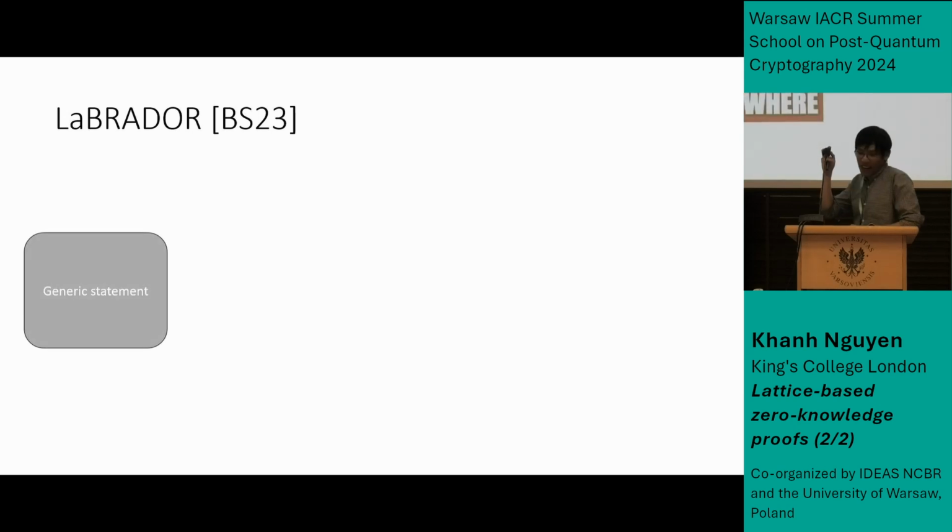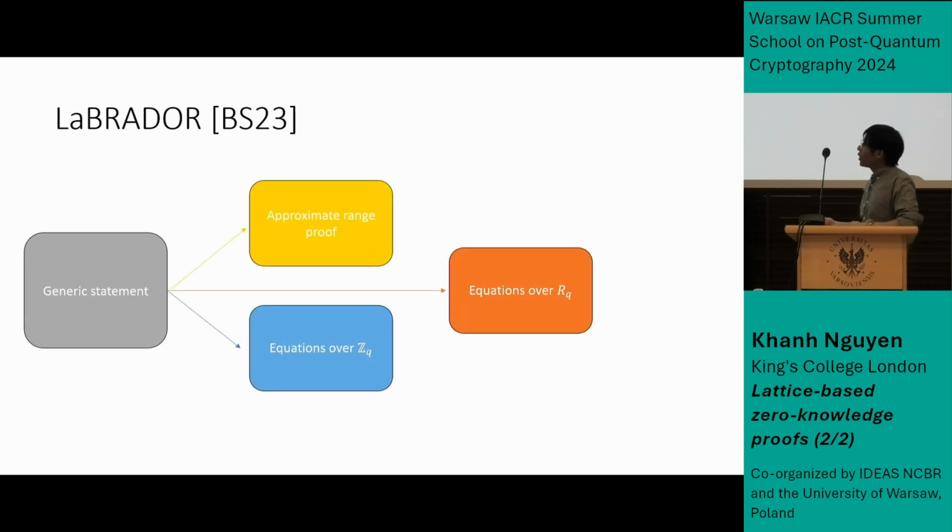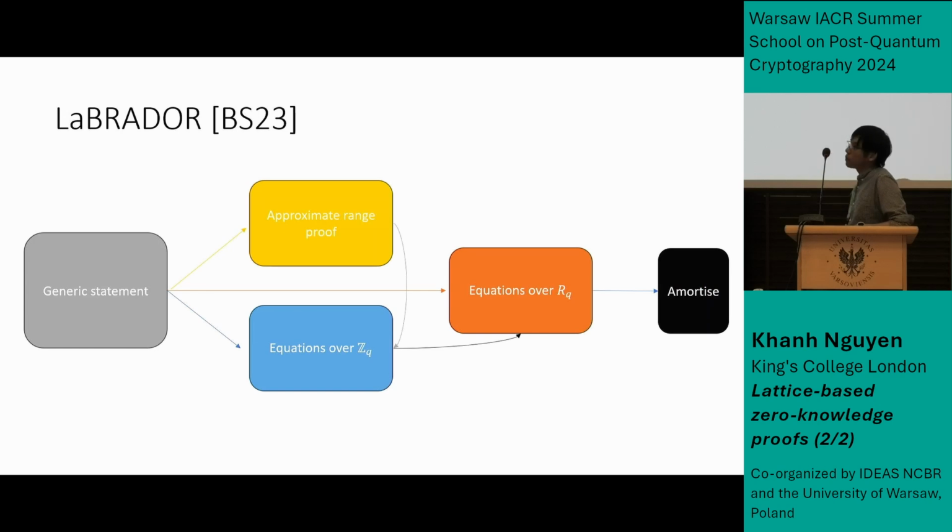And so what about SNARKs? There is the nice proof system called Labrador from Crypto last year. It starts with a generic statement, which is proving a bunch of quadratic equations, a bunch of inner products, which is then, similarly as here, split into a few parts, like approximate range proof to prove the norm, equations over ZQ, equations over RQ.